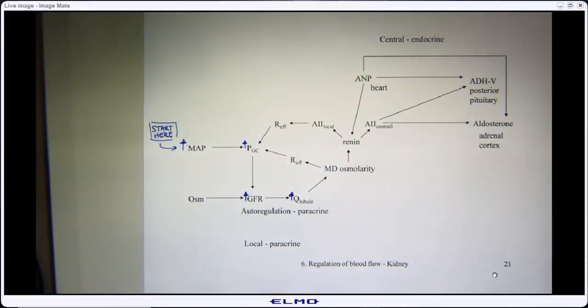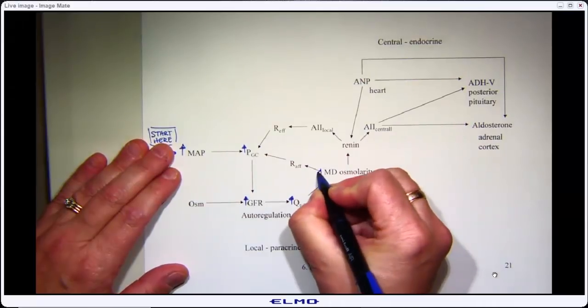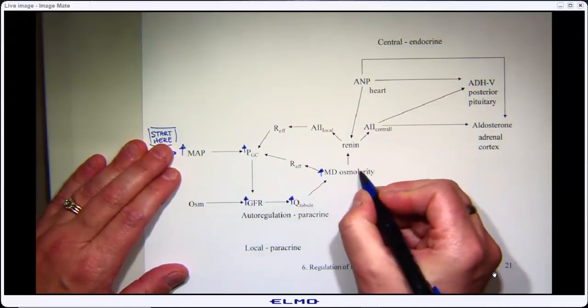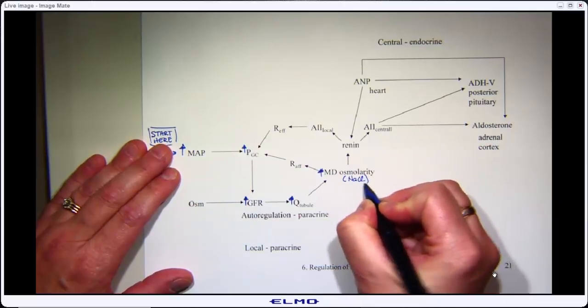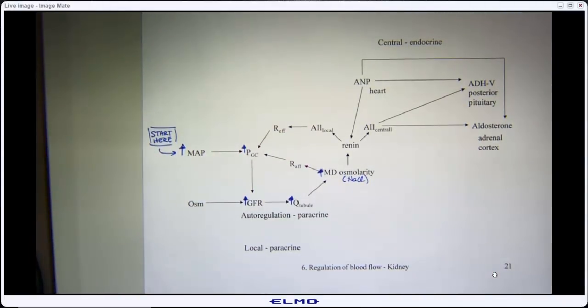Decrease equilibration time, right? Decrease the amount of sodium chloride removed from the tubule. So we've got more sodium chloride in the tubule. Increase osmolarity at the macula densa, right? So that's that increased sodium chloride at the macula densa.